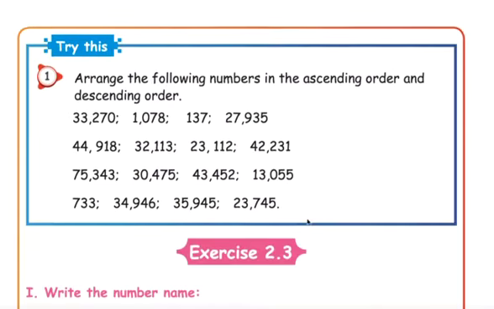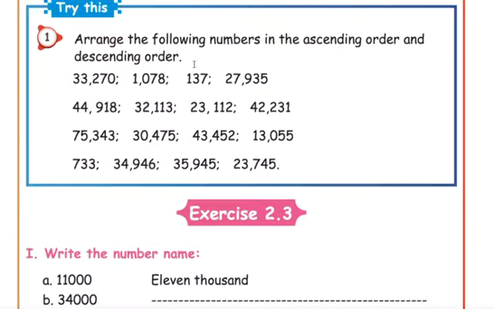Okay. Arrange the following numbers in the ascending order and descending order. Again the space constraint here. Now I am writing ascending order for A. A example 137. Thereafter 1078. Then 27,935.